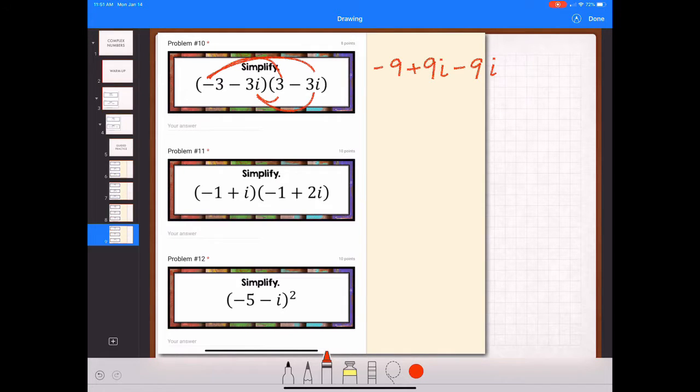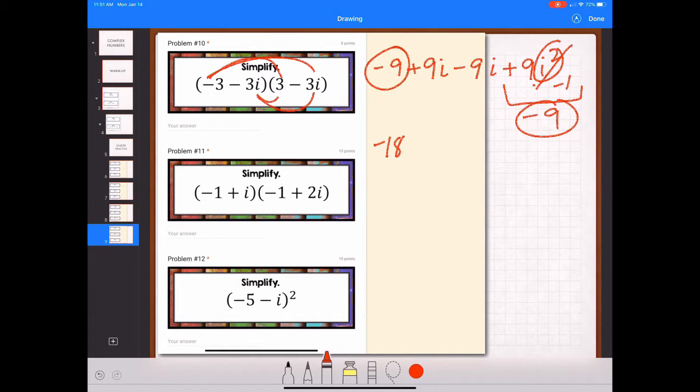And underneath again, negative 3 times negative 3 is positive 9, i and i is i squared. Replace with negative 1. So this is actually negative 9. Reals combine. Negative 9 minus 9 is negative 18. And then 9i minus 9i cancel. So I'm left with just negative 18.